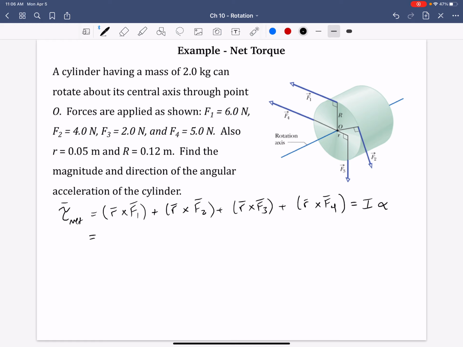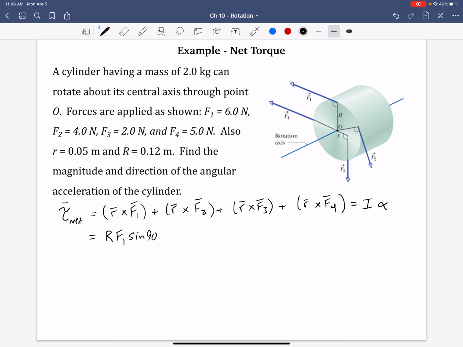We have the magnitudes of all four forces and the magnitude of both lowercase and capital R, so we can write in the numbers if we wanted to. F1 has a torque of capital R times F1, these are both magnitudes now, and then sine of the angle in between, which was 90.